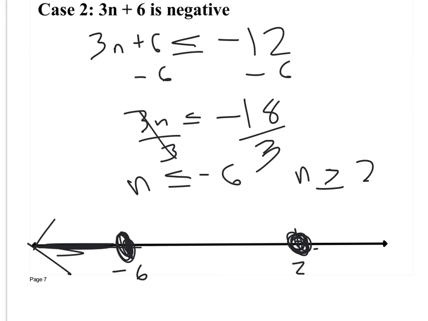And n is greater than or equal to 2, so it's going to the right. And I can check my answers if I want to. This graph means that n can be anything that's 2 or greater, or anything that's negative 6 or less. You can always check: plug in a number that's greater than 2, it's going to be a true statement. Plug in a number that's less than negative 6, it's going to be a true statement. Any questions about that?